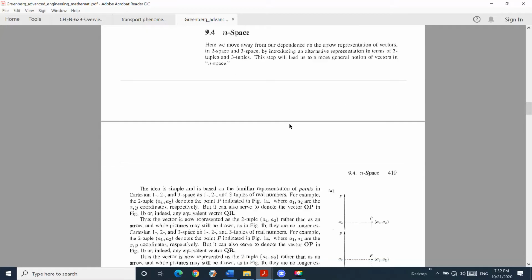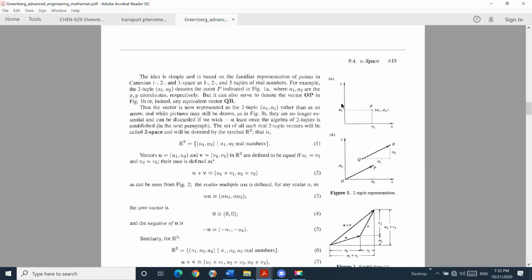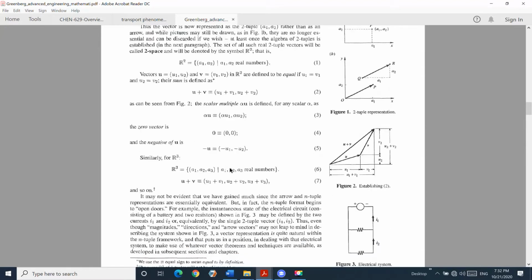For example, if I want to represent any vector in two-space, I have just two elements in this space, denoted here by R squared, with the two elements a1 and a2. Similarly, in three-space, I represent R cubed like this, and then I have three elements a1, a2, and a3.